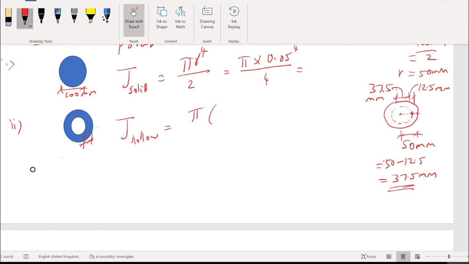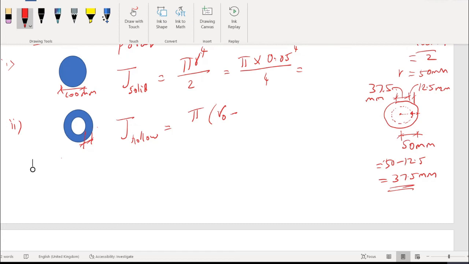This will be capital R, outer diameter. I write like this: pi R outer minus pi r inner, radius R outer minus r inner. If you subtract, you will get this one. Okay, R outer minus r inner, then you will have this value.